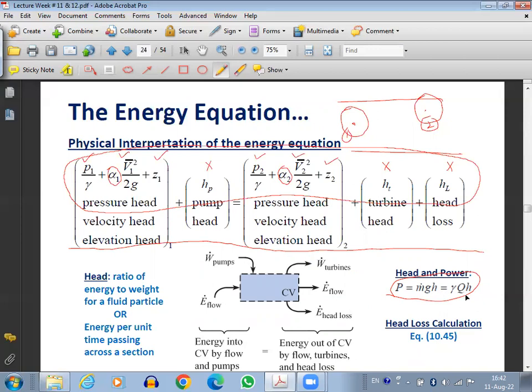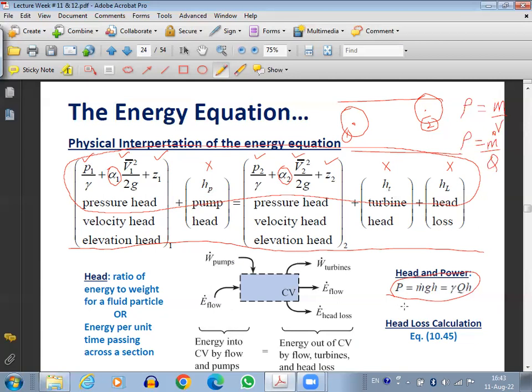This is also the same as gamma QH. How is it the same? You can find out because the formula for density is mass over volume, so it equals mass flow rate over volume flow rate. That means mass flow rate equals density times volume flow rate.